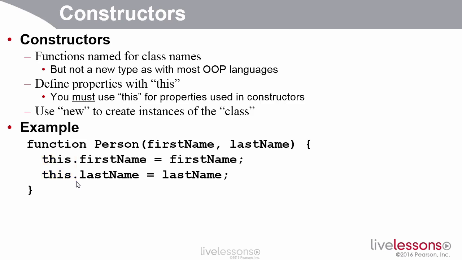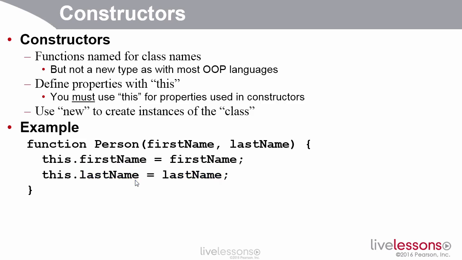Now, there's no law that says the variable that you pass in has to match the name of the field, but it's conventional to do it that way. So this says, take the variable that you pass in, first name, and assign it to the first name field, or data member, or instance variable, or property. And then the next line says, take the second argument that you pass into the constructor and assign it to the field, the property, the data member, last name.